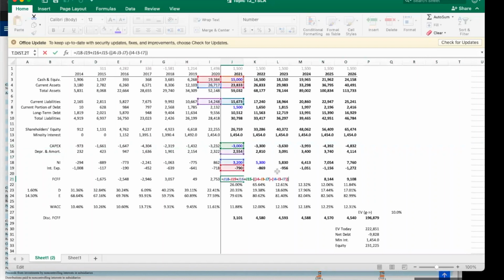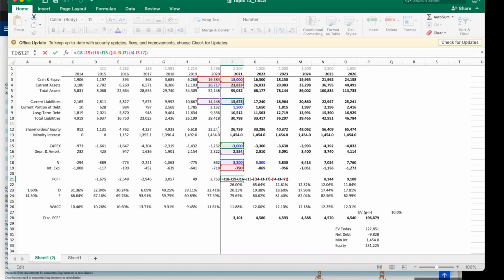And then just like I had you calculate free cash flows to the firm, I did it myself for Tesla. So I take net income, add back in the interest expense. Interest expense is expressed as a negative number, so I put a minus sign. Add back in the depreciation and amortization. Incorporate capital expenditures.